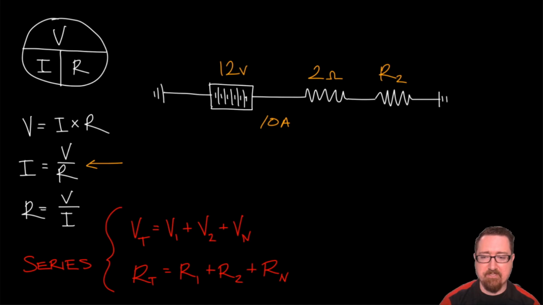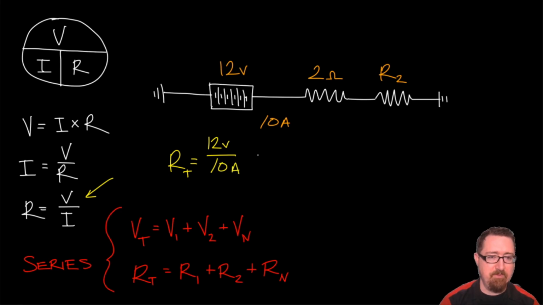So again, going back to this, I'll select a different color here. We're still trying to figure out, let's see here, instead of using this, we are going to be using that formula because we're trying to figure out R. So we want to figure out R equals 12 volts, remember this is total R, divided by 10 amps.